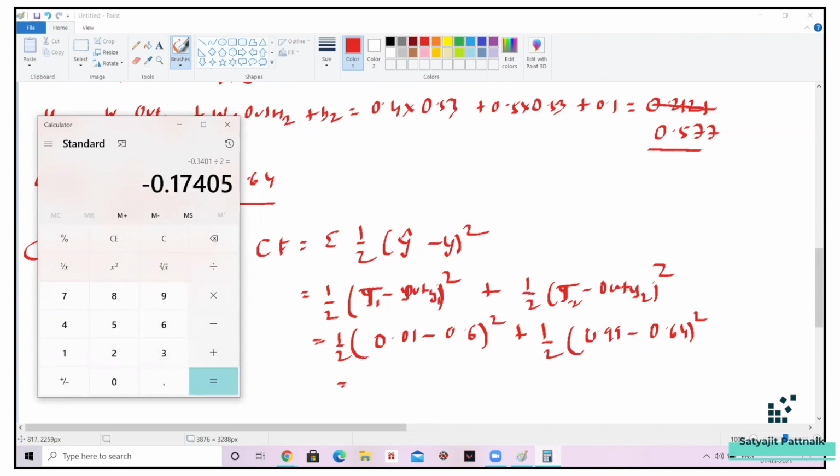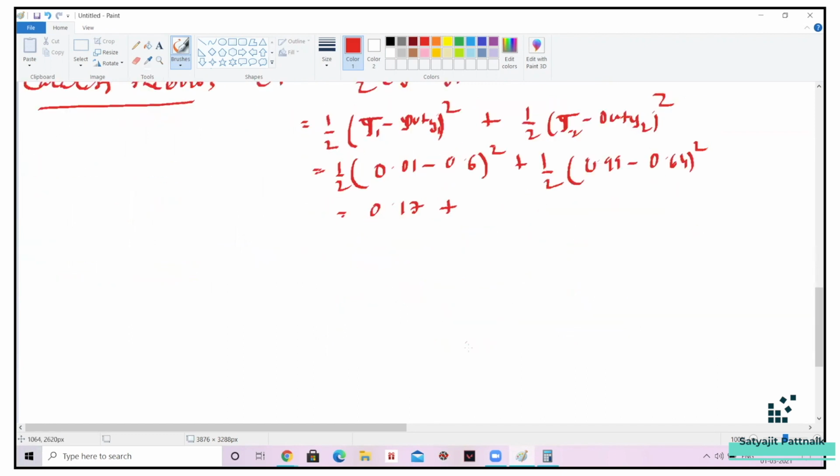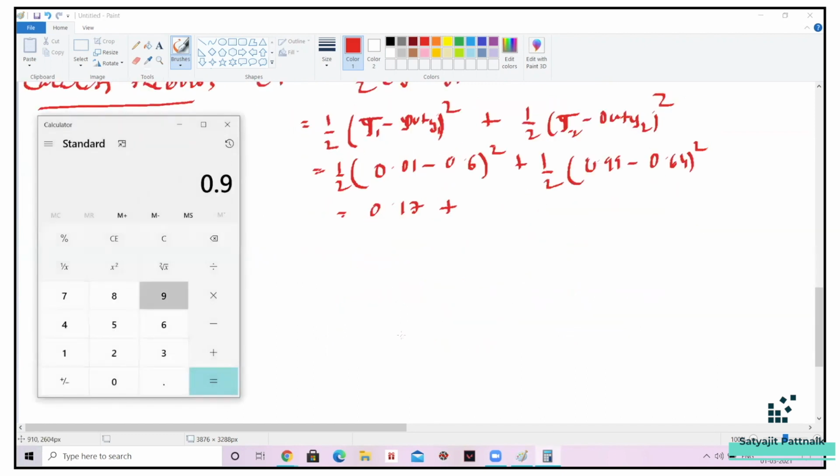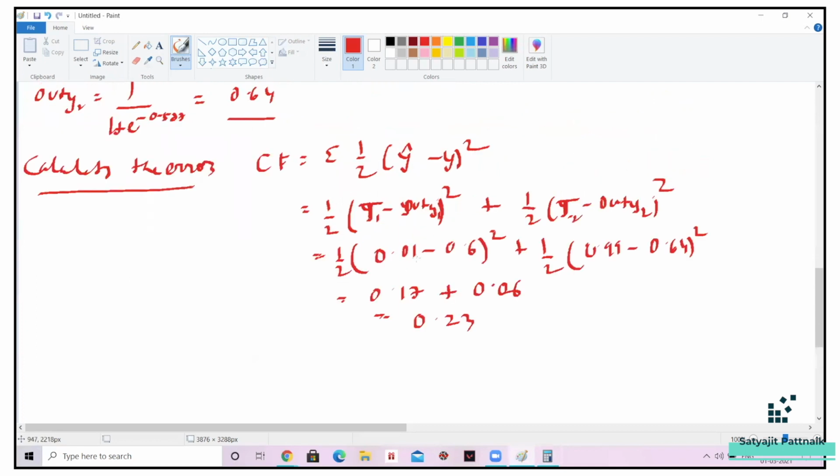What is the value? 0.17, plus 0.99 minus 0.64, 0.35 multiplied with 0.35 divided by 2, 0.06. So what will be the final value? 0.23. So that is the error which we got.